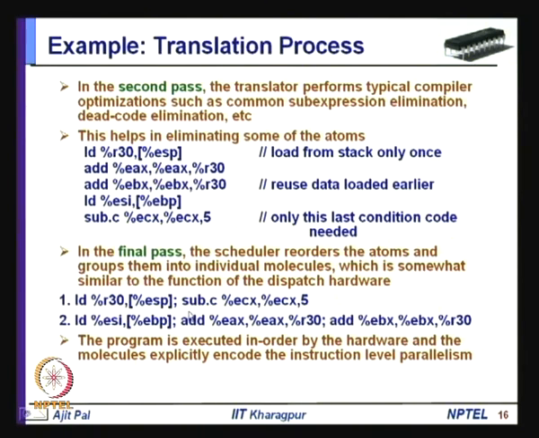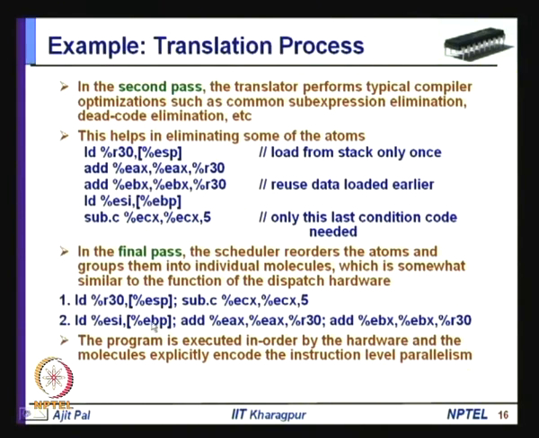Whenever you put them in a single VLIW code, you have to see which operations can be executed in parallel. For example, this load operation and this particular instruction can be executed in parallel, but not the other two, because unless load is done, you cannot perform an addition operation. So, only these 2 codes can be executed with the help of a single VLIW instruction.